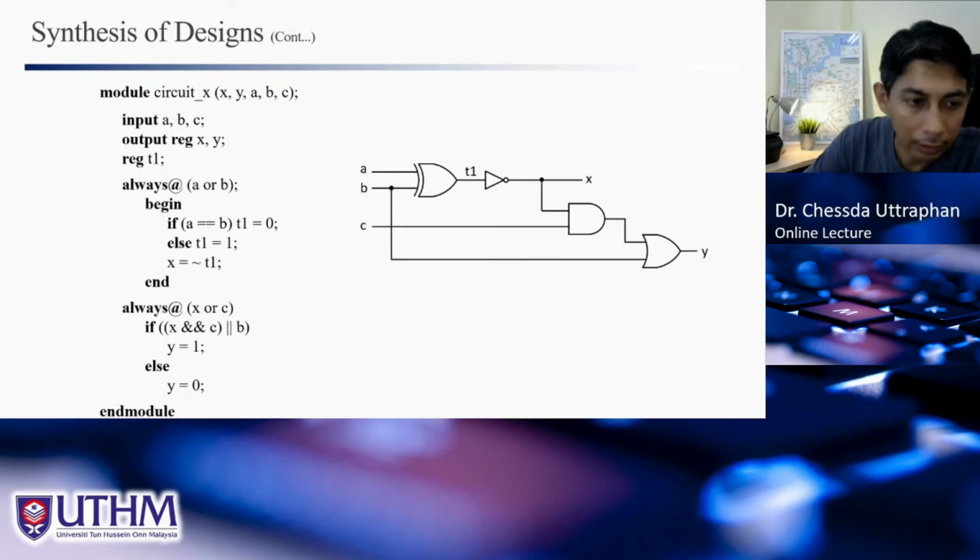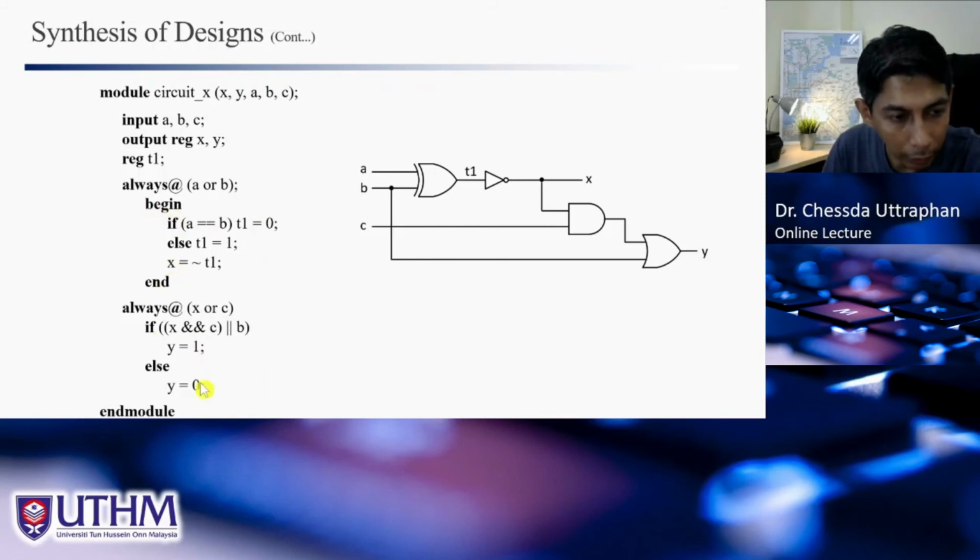You see here, especially this one, we have an always block, and here we have begin, and this one we don't have begin. So the question is, is it compulsory to have begin? Depends. If we have more than one statement, we need to have begin and end.